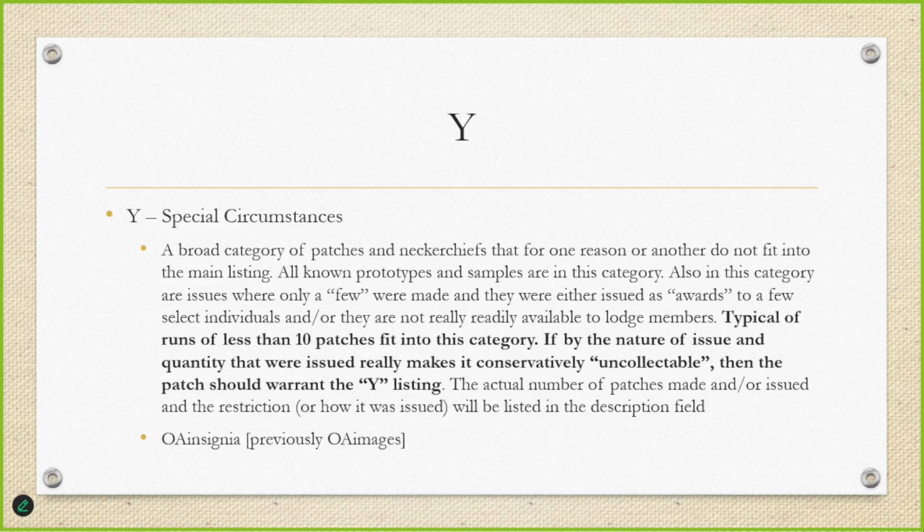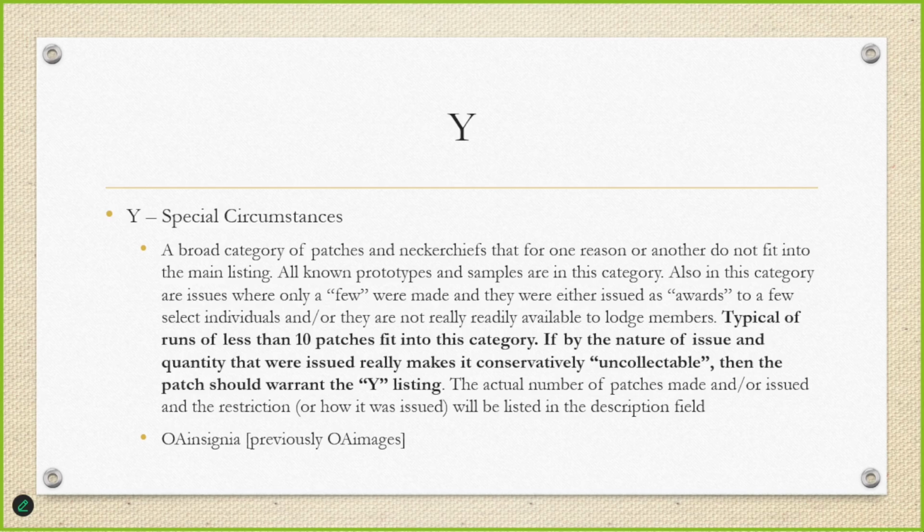So the problem here, and it says where only a few were made. Well, what's a few? A few to Okpik Lodge, they have 2,000 members or more. A few to them might be 50, or 50 to us. Well, that depends on what it's for. If it's for something like a NOAC where we sent 6 people, well, 50 was a perfectly reasonable production run.